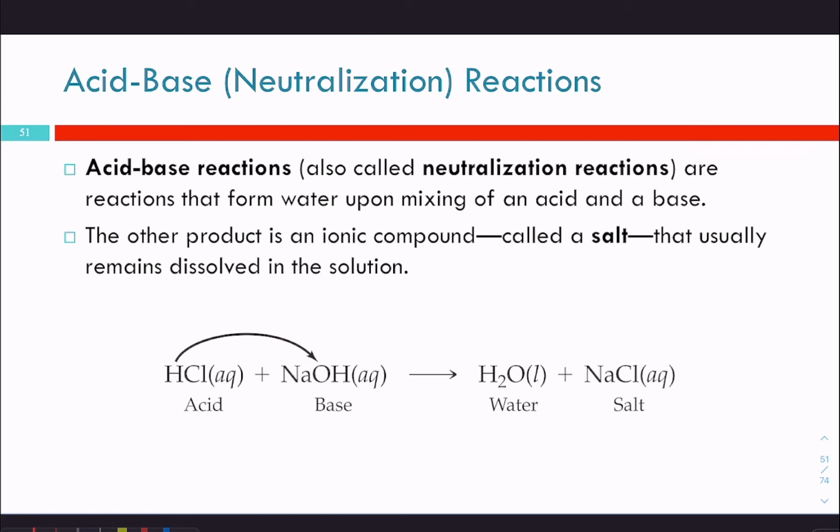The other thing that comes out of that is called a salt. This is the chemistry term salt, not like table salt. Sodium chloride is a salt, but those remain dissolved in solution after the neutralization reaction. So if you write out the net ionic equation for these, it'll always be H plus OH minus gives H2O.